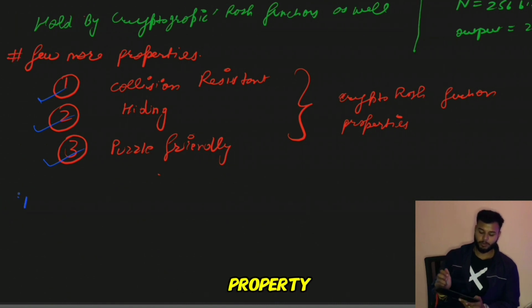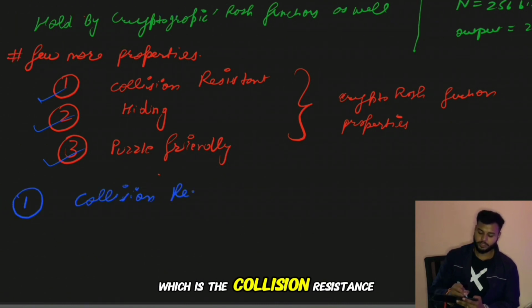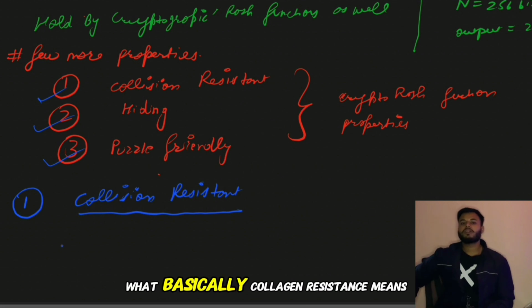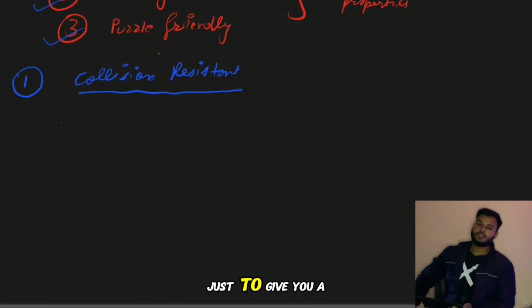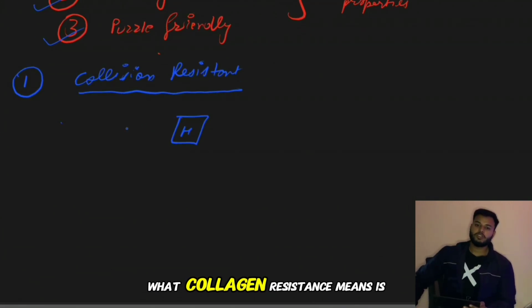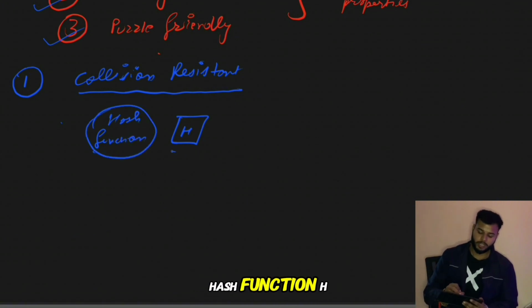Let's start with the first property, which is collision resistance. What does collision resistance basically mean? To give you a formal definition, let's say we have a hash function h.